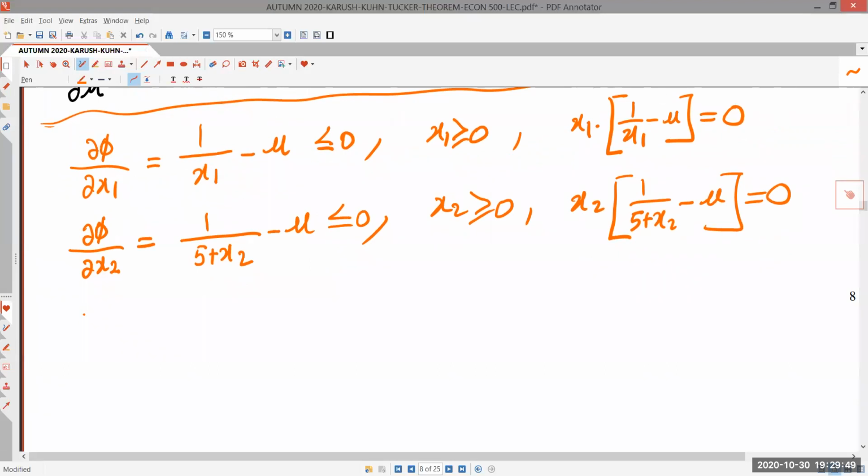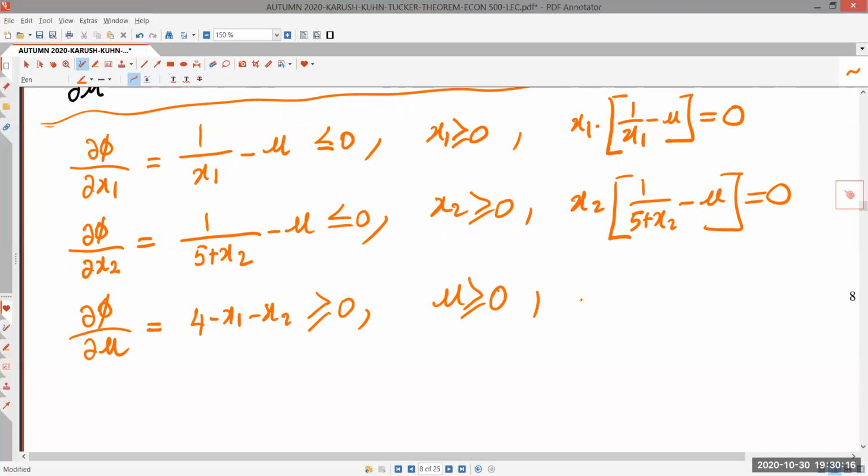We look at the last one, the derivative with respect to mu, and that gives the constraint itself. This is clear, the constraint specified at the beginning. The constraint must be greater than or equal to 0, and mu also must be greater than or equal to 0.